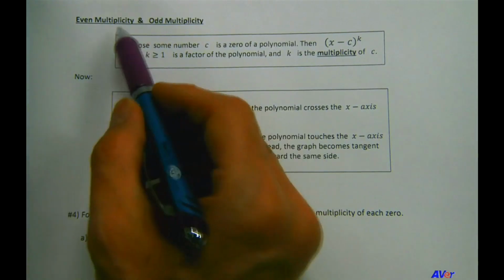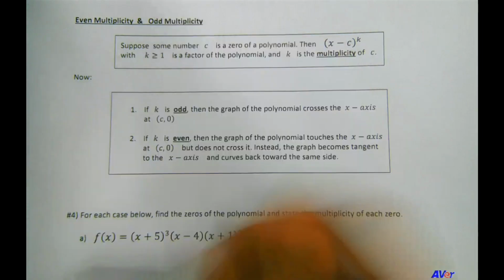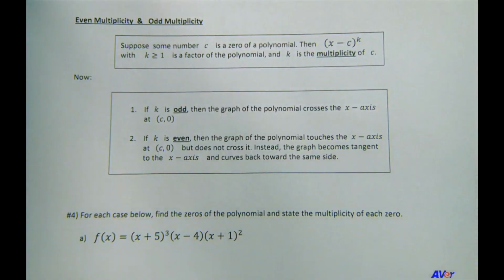So multiplicity, before we go over it in detail, I want to say that multiplicity has to do with the power of the zeros of a function. Right now, in the exercise we did a few seconds ago, we learned what a zero of a polynomial is.